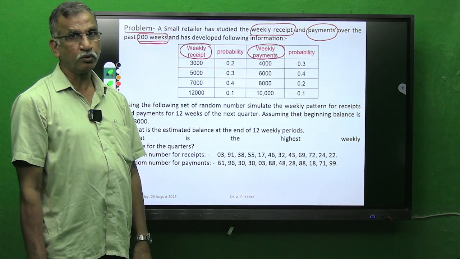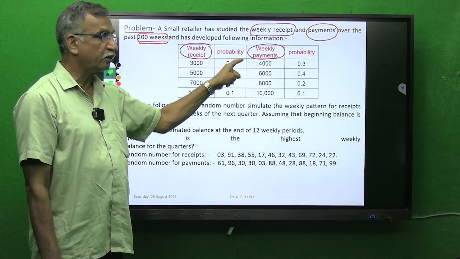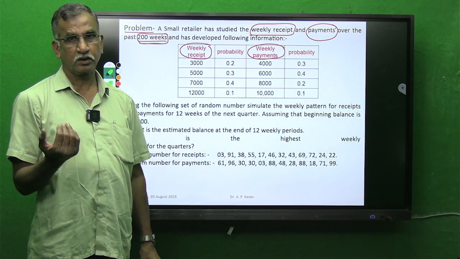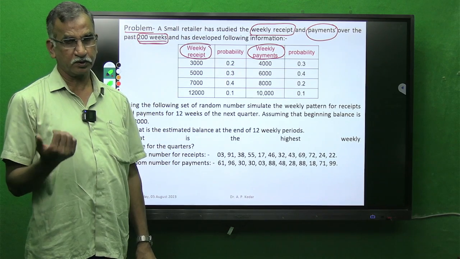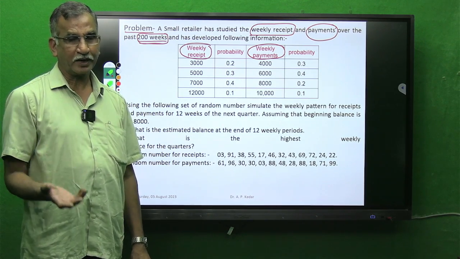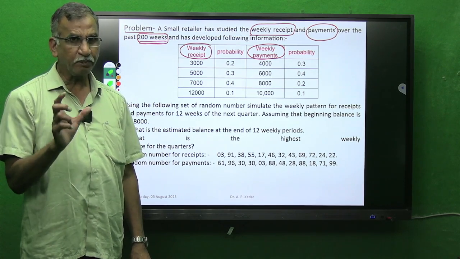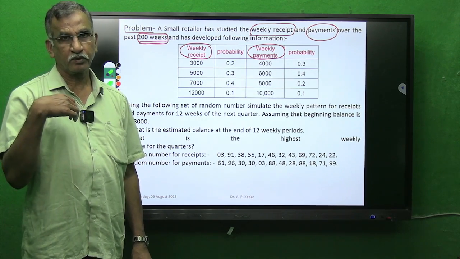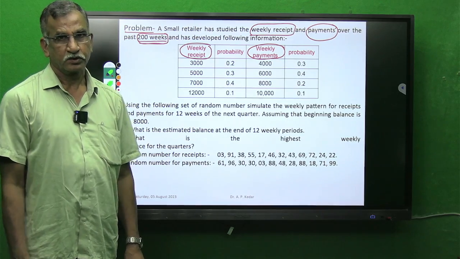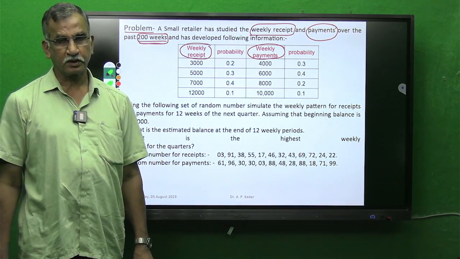So we should know the clear-cut distinction between receipt and payment. Receipt is receiving cash from the customer, and payment is paying back cash to the customer. Suppose in a bank transaction, if I am going to deposit some money in my saving bank account, so that will be treated as a receipt.